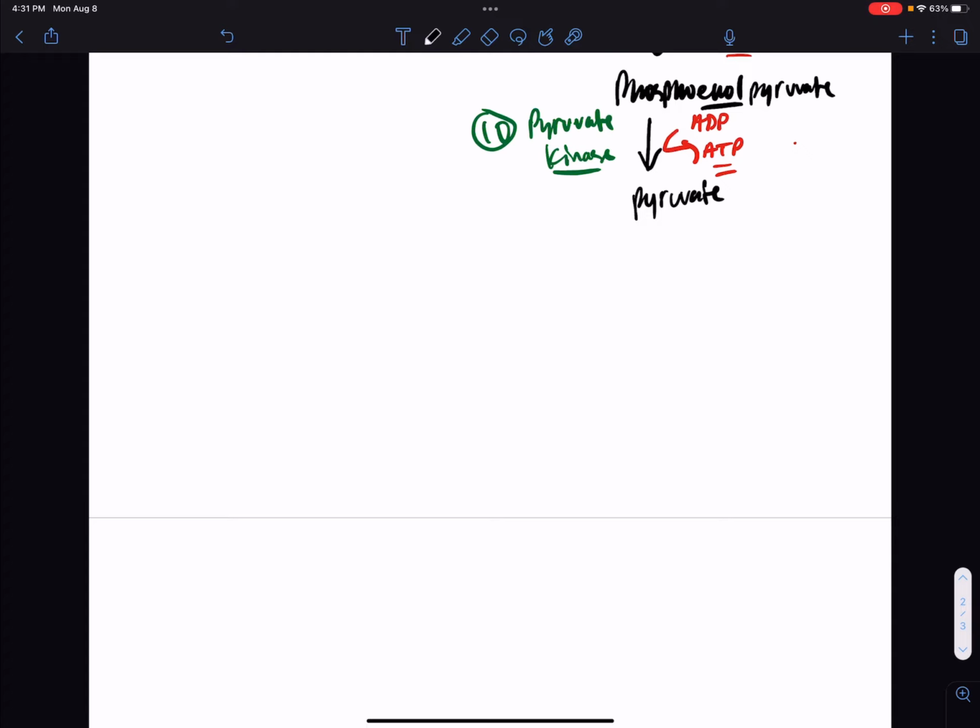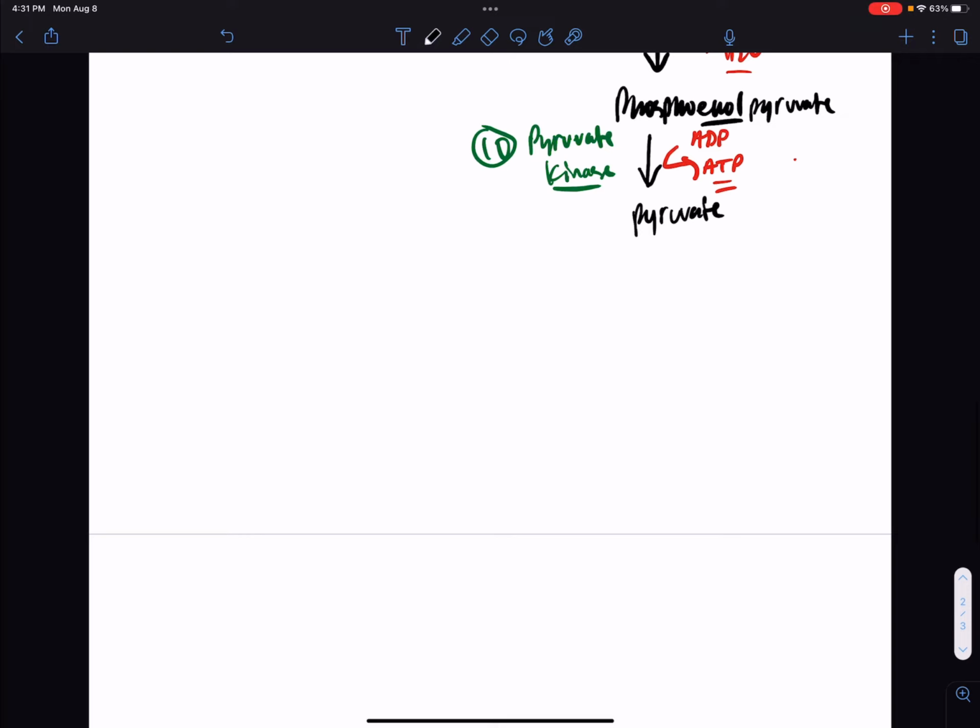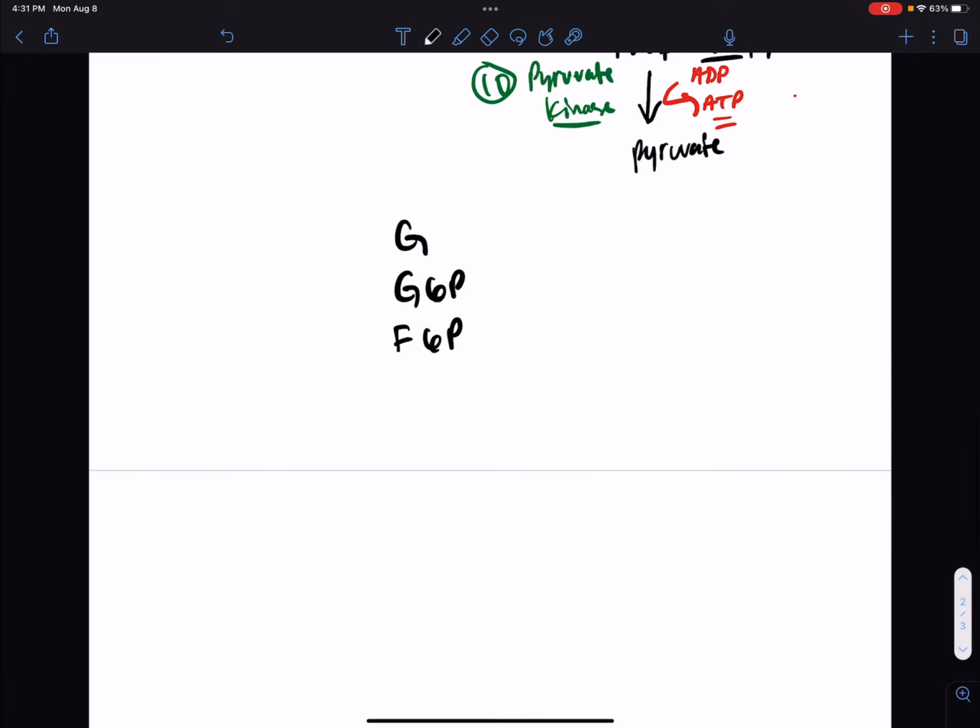So the template that I used, I went from starting out with glucose here to glucose 6-phosphate to fructose 6-phosphate to fructose 1,6-bisphosphate, and then that's where it gets split in half, right? So we turn it into DHAP, which is dihydroxyacetone phosphate, and GAP, which is glyceraldehyde 3-phosphate.